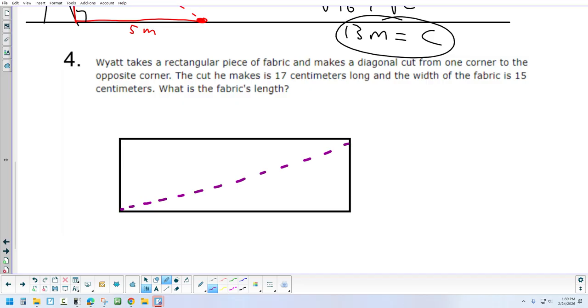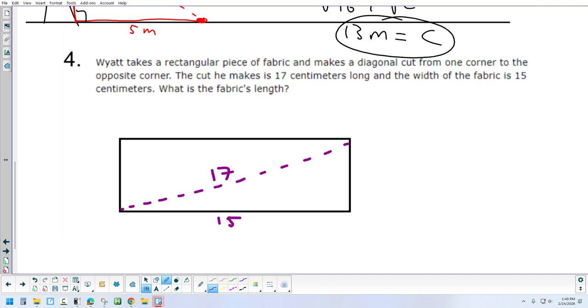How long of a cut does he make diagonally? Yeah? 17 centimeters. Perfect. Now, what other piece of information do they tell us about the fabric? Tell me one other thing. Yeah? It is 15 centimeters wide. Right.